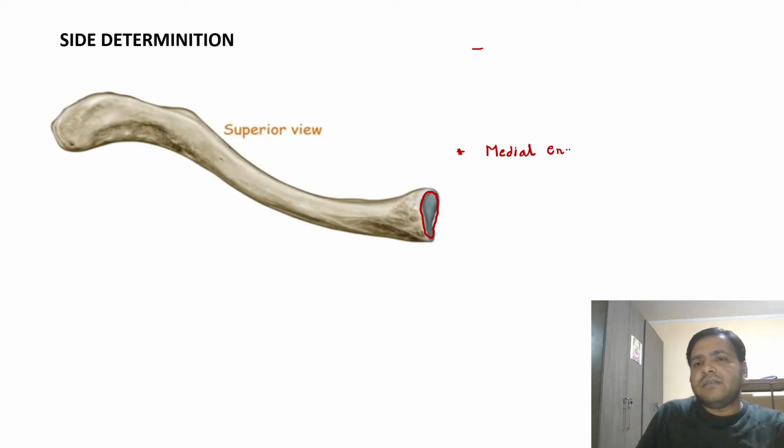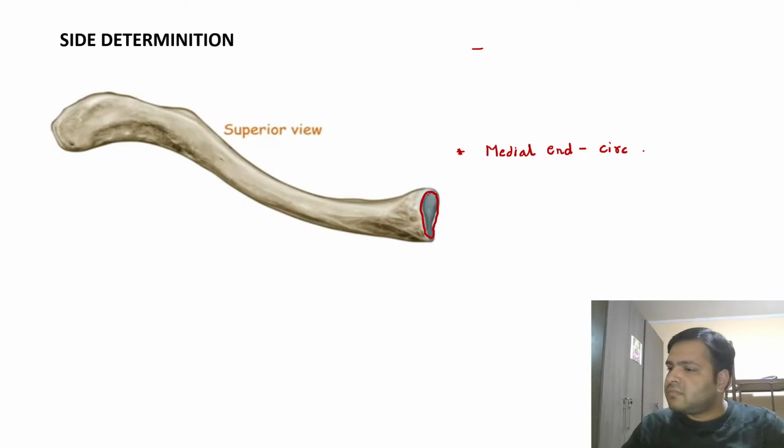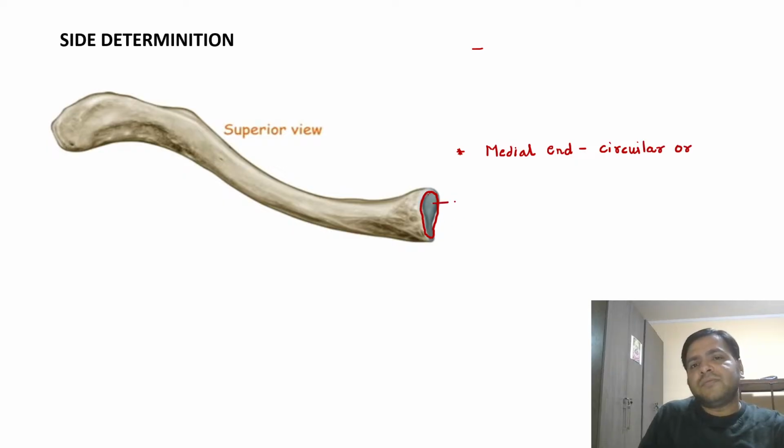The medial end is almost circular or quadrangular in shape, right? Firstly, you will find the medial end of the clavicle.